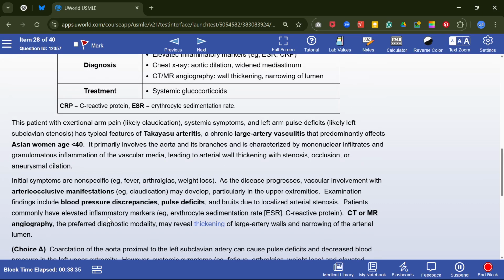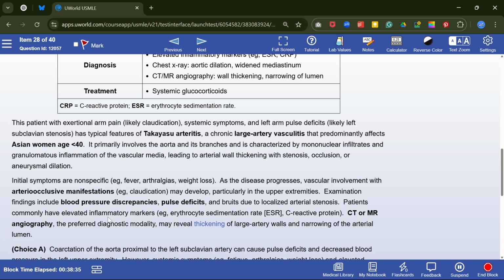This patient with exertional arm pain, likely claudication, systemic symptoms, and a left arm pulse deficit, likely from left subclavian stenosis, has typical features of Takayasu arteritis, a large vessel vasculitis that predominantly affects Asian women at age less than 40.